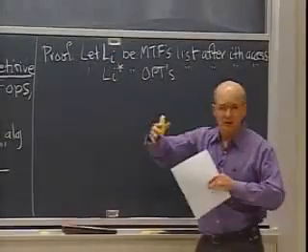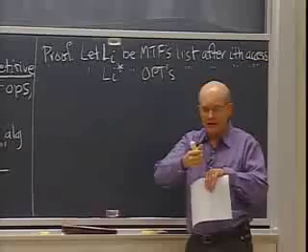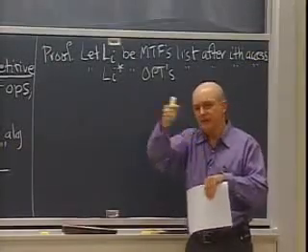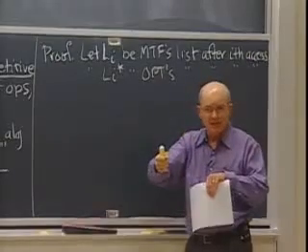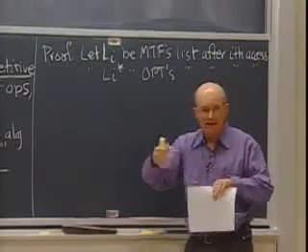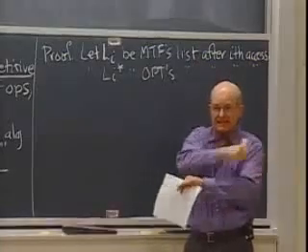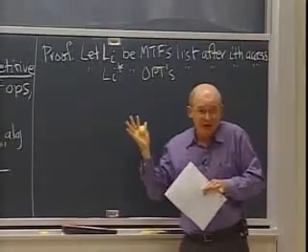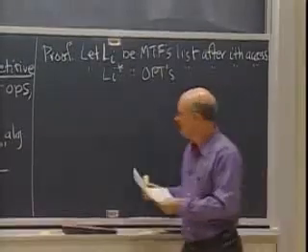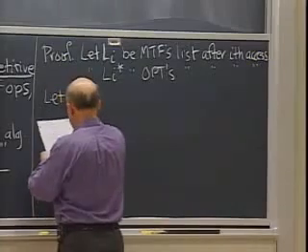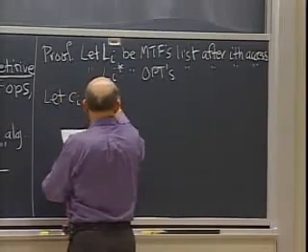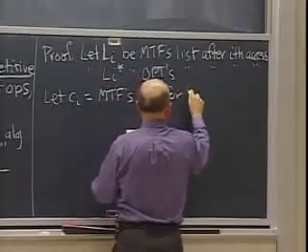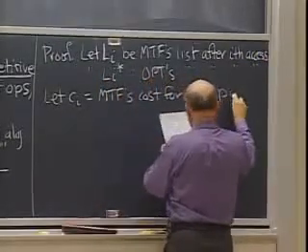So we can say what's the list. So we're going to set it up where we have an operation that transforms list i minus 1 into list i. Okay, that's what the ith operation does. And move to front does it by moving whatever the thing that was accessed to the front. And OPT does whatever OPT thinks is the best thing to do. We don't know. Okay? So we're going to let C sub i be MTF's cost for the ith operation.